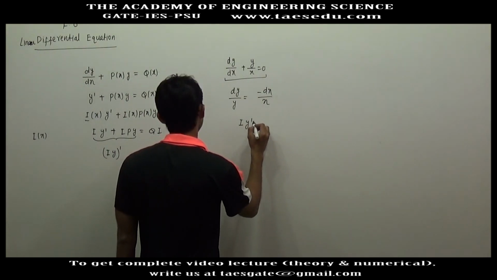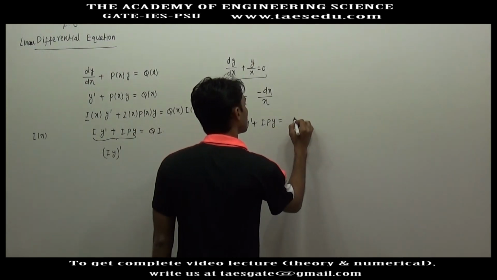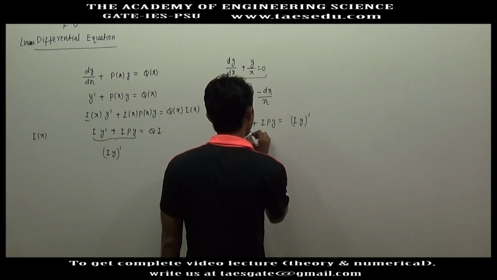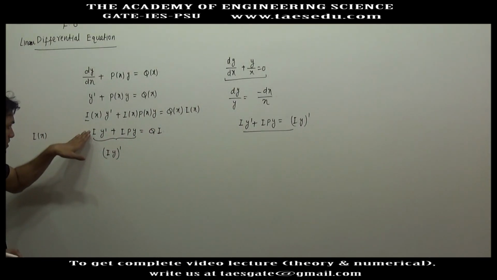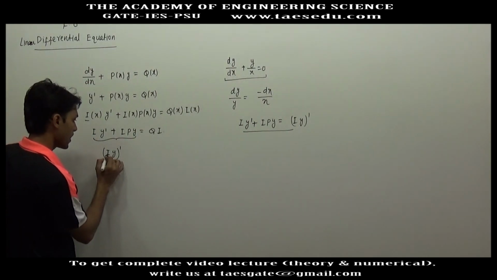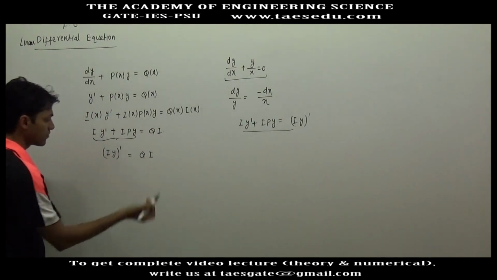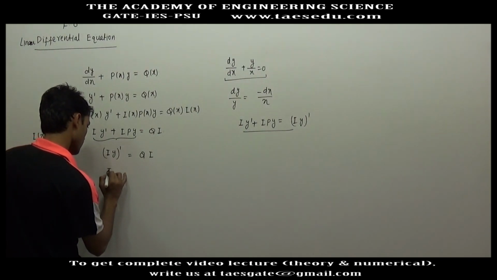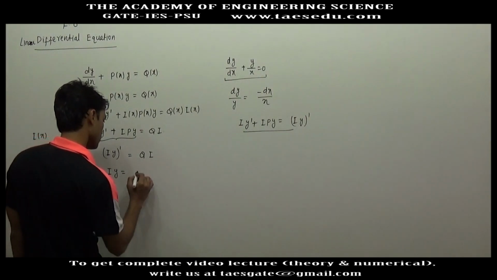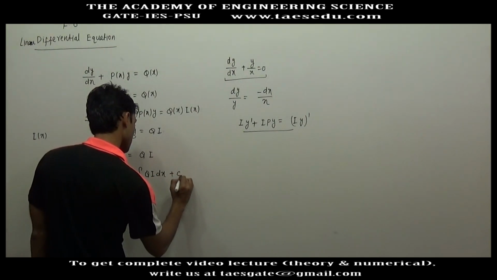So before finding I, if we are able to find such a function of x, we have (I y) dash equal to q into I. And now if we integrate both sides in terms of x, I into y is equal to integration of q into I dx plus c.